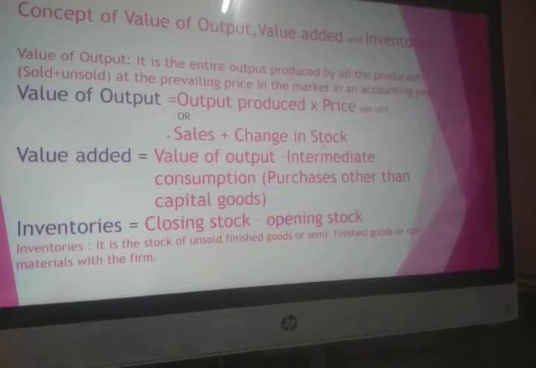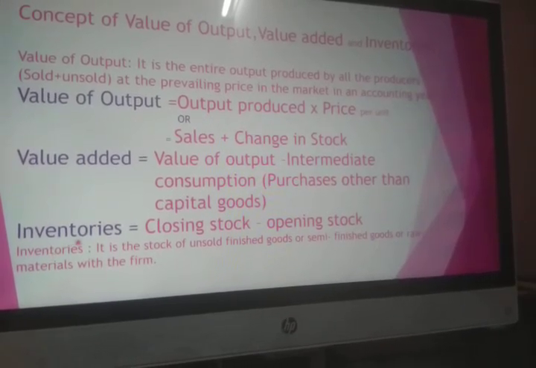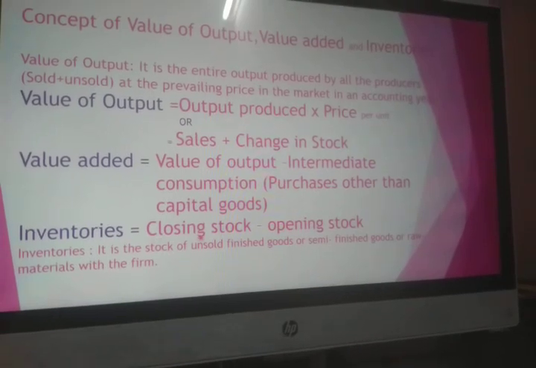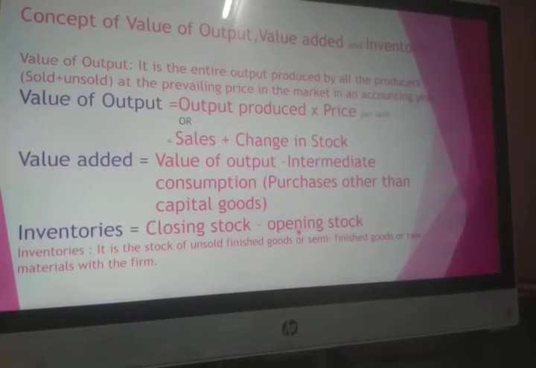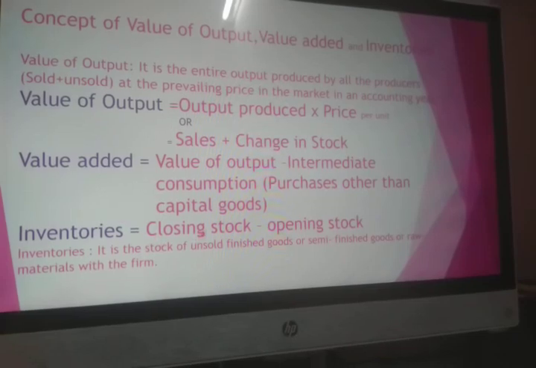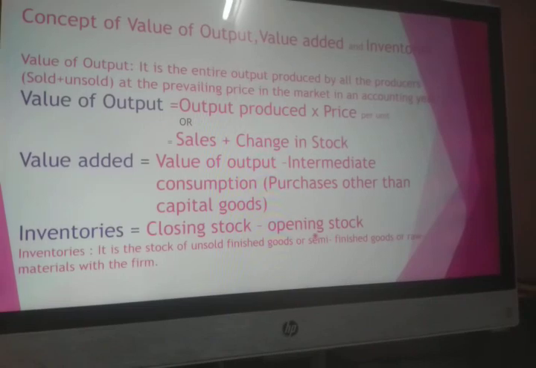Inventories, that means your change in stock, is also known as change in inventories. This we can calculate as closing stock minus opening stock. Closing stock of a particular accounting year minus the opening stock of that particular accounting year.